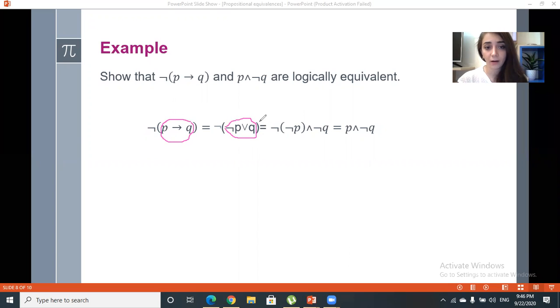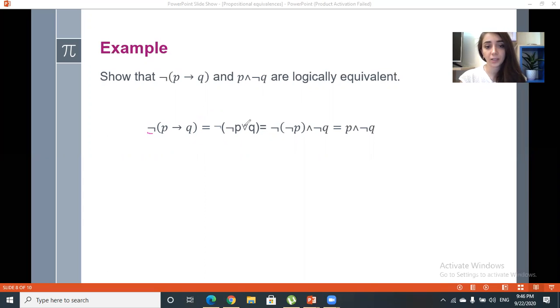Okay, they are logically equivalent. Yes, we write negation P disjunction Q instead of P implication Q. Here we write the negation again. It remains the same.